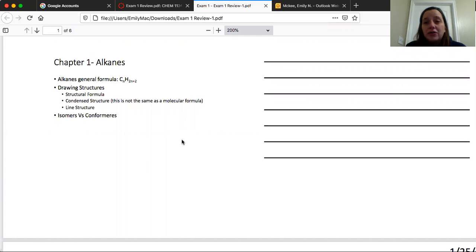A condensed structure is not a molecular formula, okay? So make sure to go over that and be sure to give me the correct structure. And then the line structure. So anyway, be careful on the test. Make sure you read what structure I'm asking for and give me the correct structure, because I will take off if you don't give me the right one.